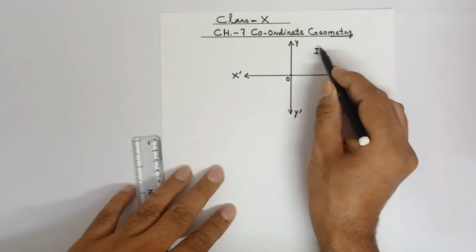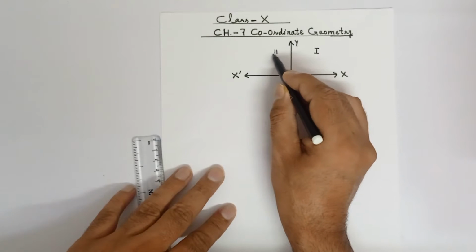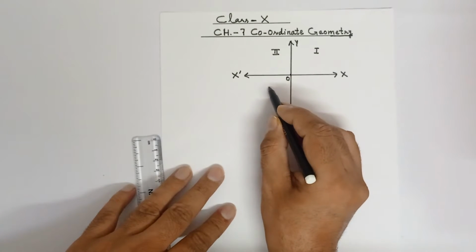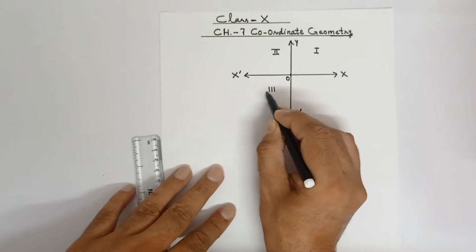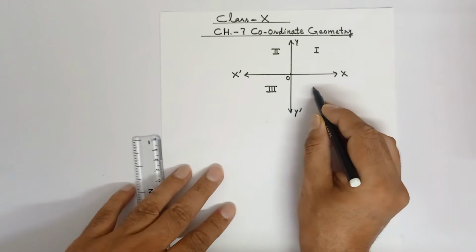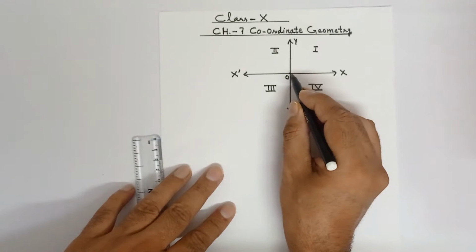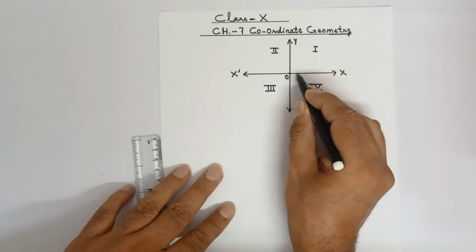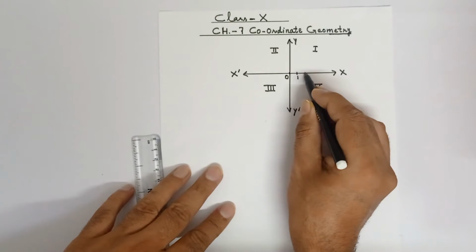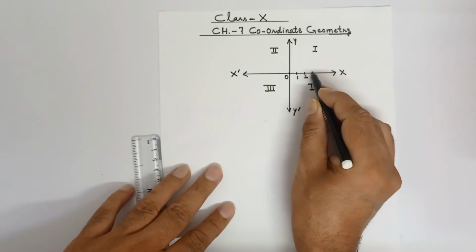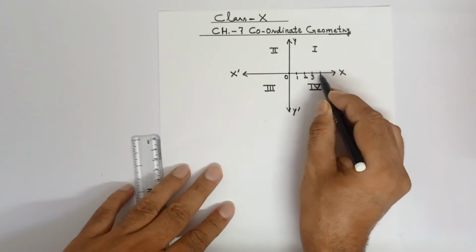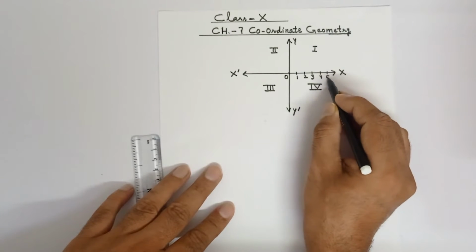This is the first quadrant, this is the second quadrant, this is the third quadrant, and this is the fourth quadrant. Now what do you observe? To the right of 0, these values are positive at equal spacing: 1, 2, 3, 4 and 5.